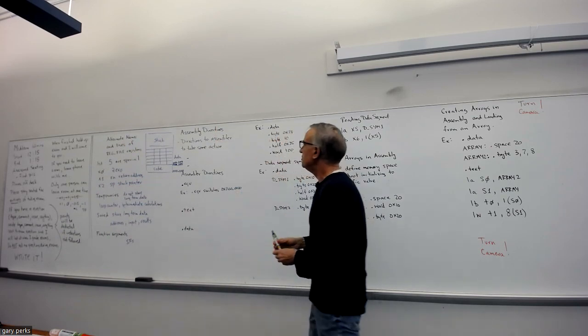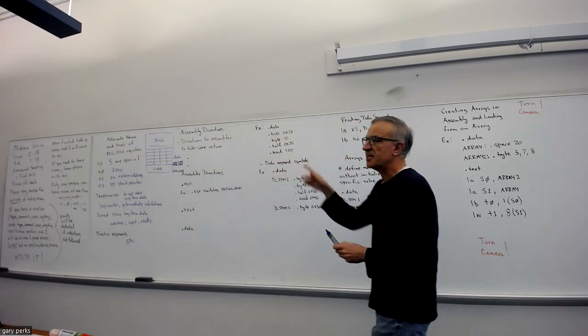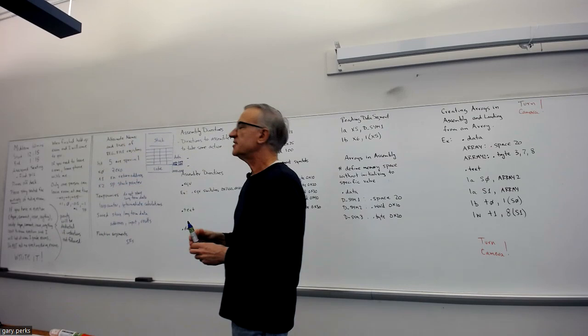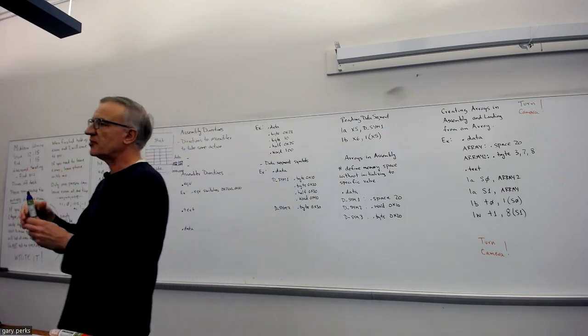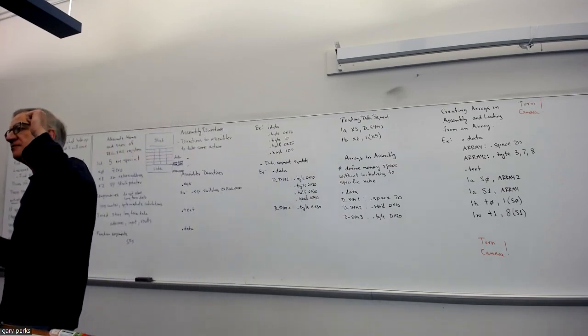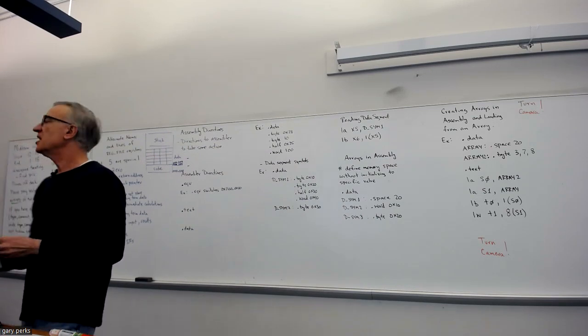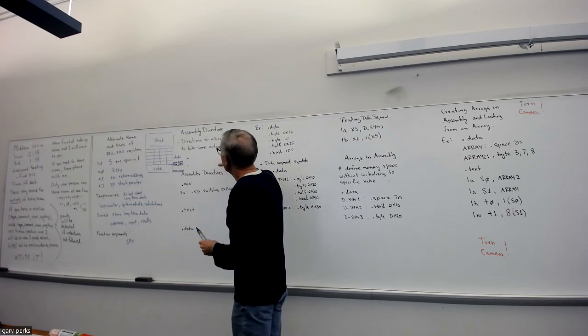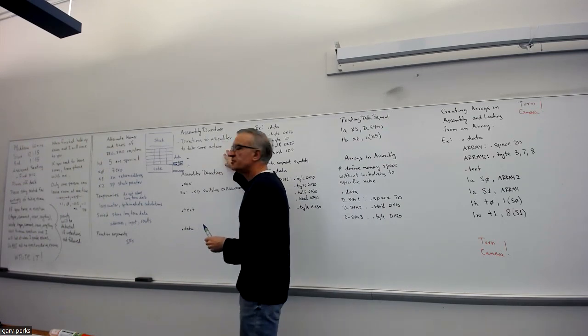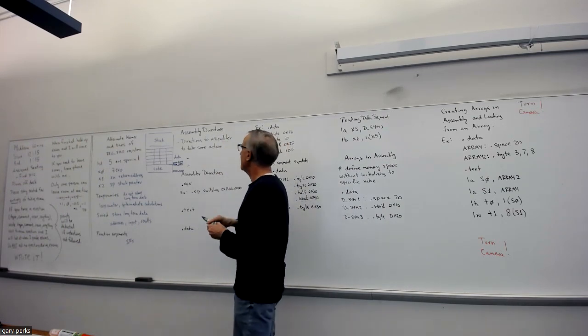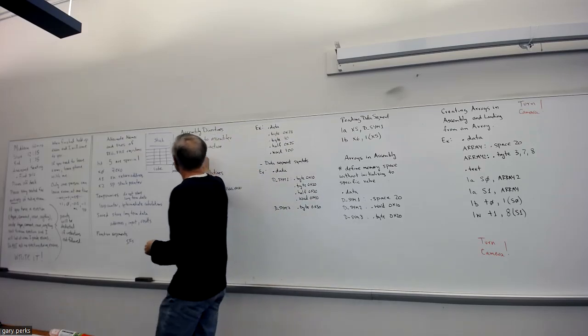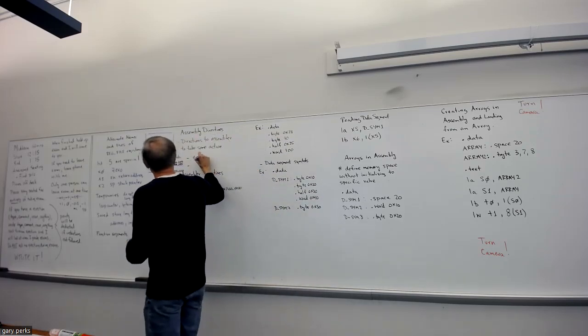Okay, so let's get to assembly directives. Like I mentioned at the very beginning, an assembly directive is basically like telling the assembler to take some sort of action. The important thing to realize is that an assembly directive is not an instruction.